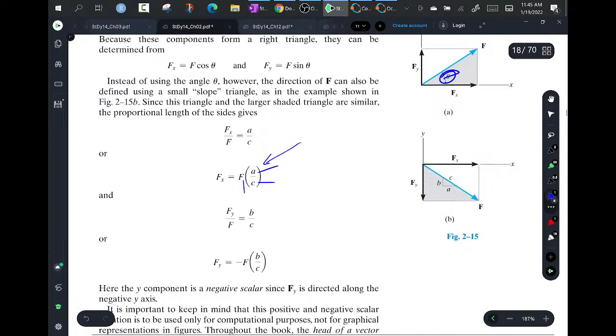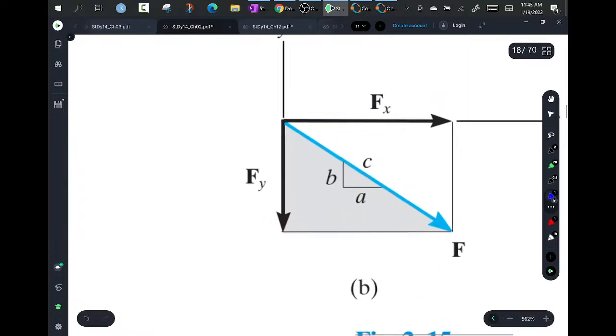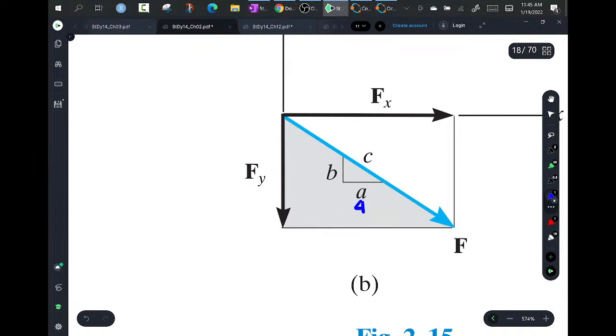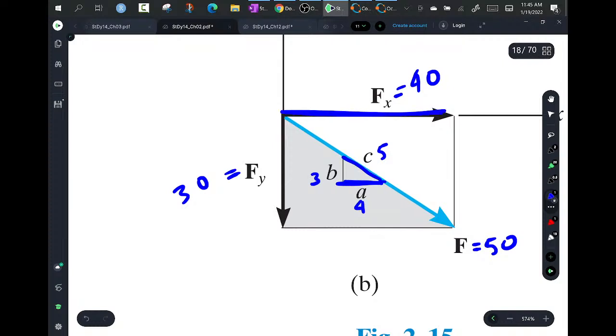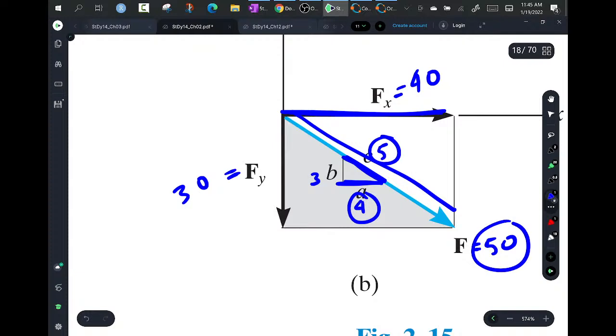A typical example that you'll see in the book: 4, 3, 5. If this is 50, then this is 40, and this is 30. So the ratio is the same. This being parallel to that, I look at 4/5 of 50 to get 40.